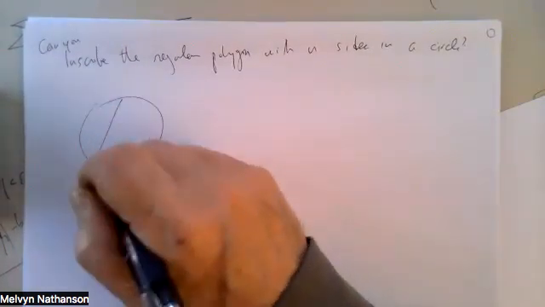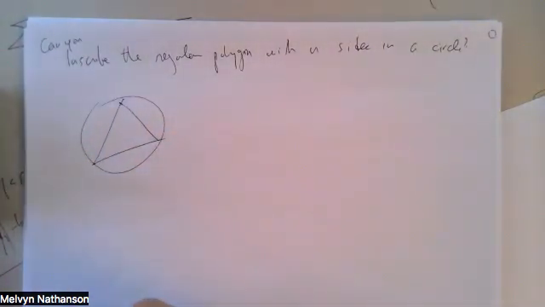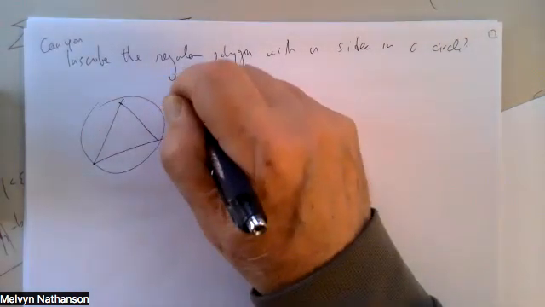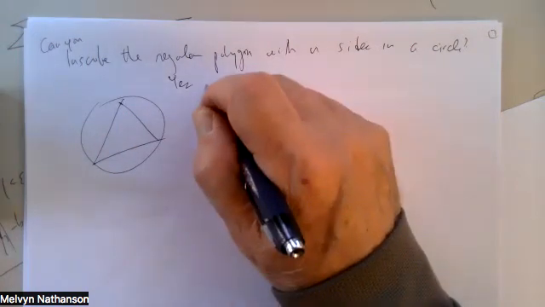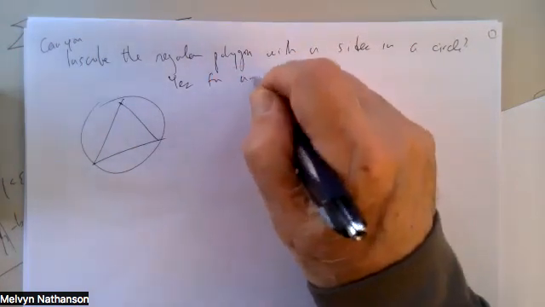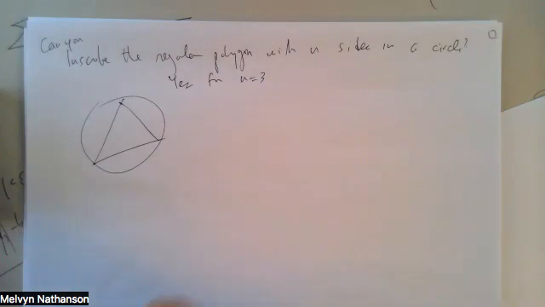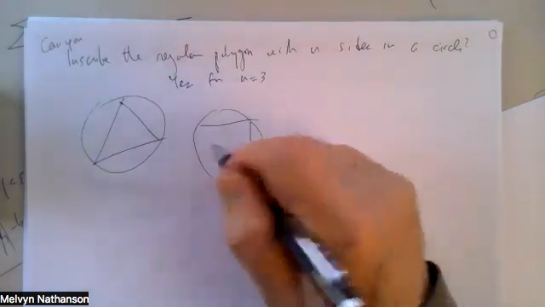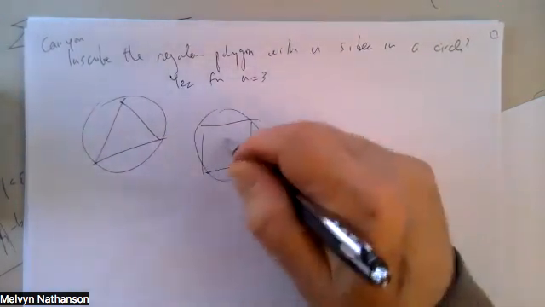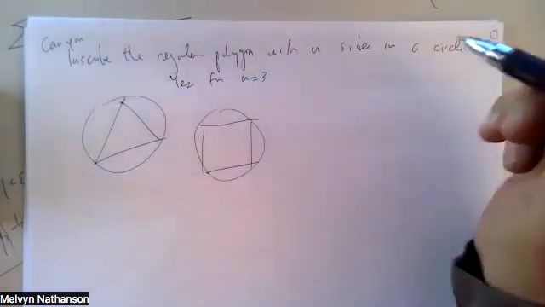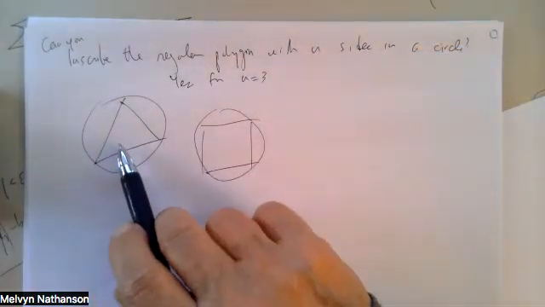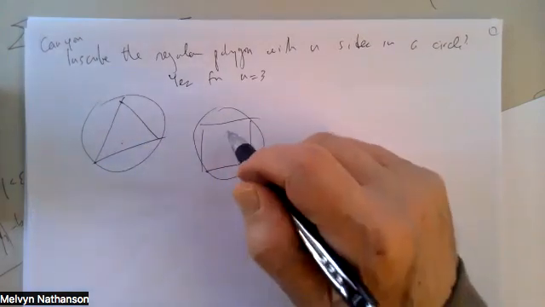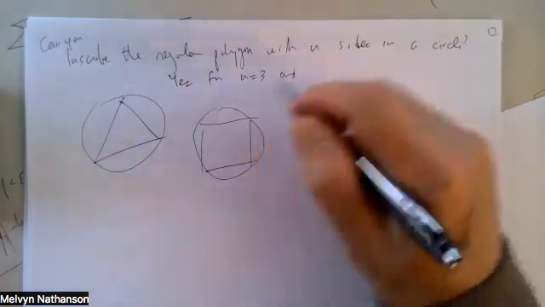So if you have a circle, can you inscribe a regular triangle? The answer to this question is yes, for a regular triangle where the number of sides is equal to 3. There's a way to inscribe a regular triangle. There's a way to inscribe a square in a circle.